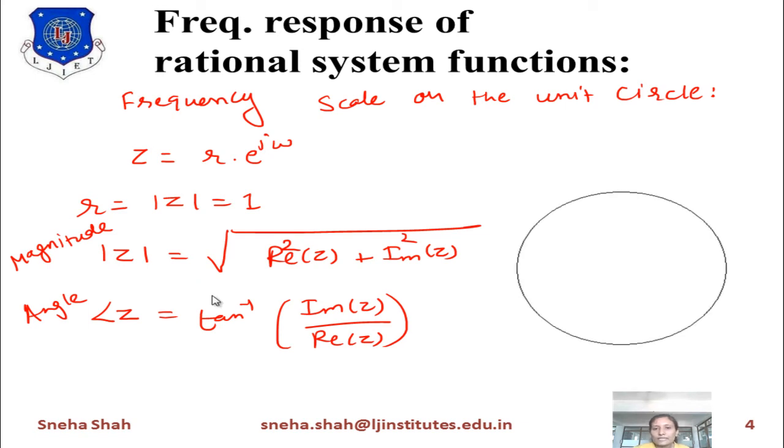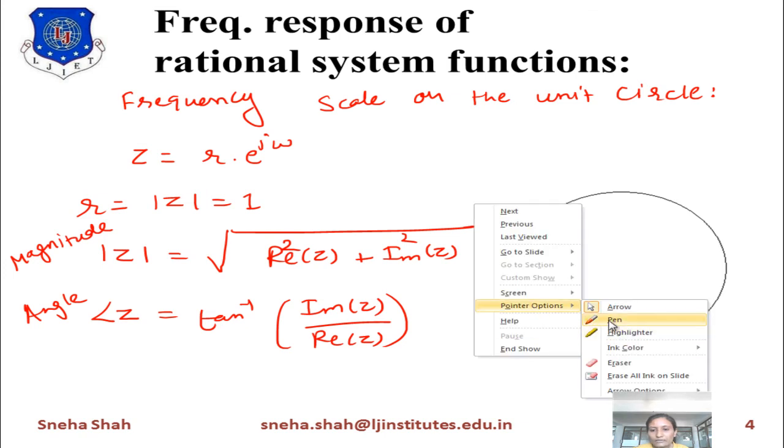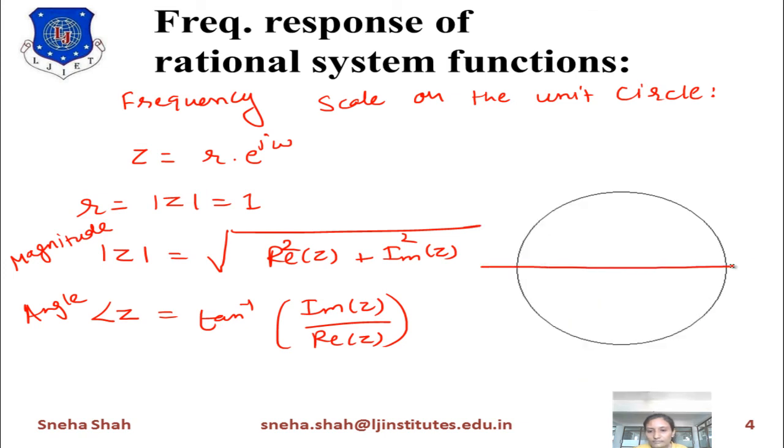Now how will we represent it on the unit circle? Suppose I take this one as a unit circle. Suppose I take the horizontal axis as the real part of z and the vertical axis as the imaginary part of z, and the radius r equals mod of z equals 1.